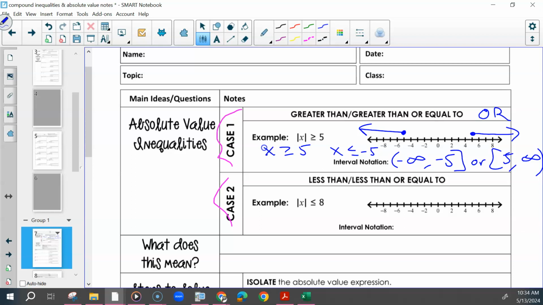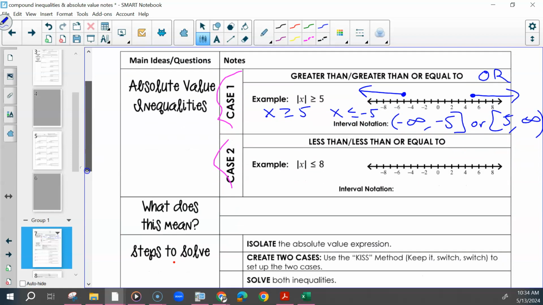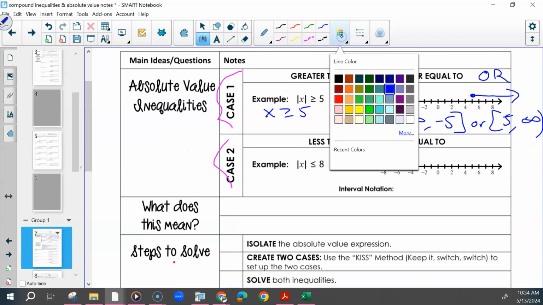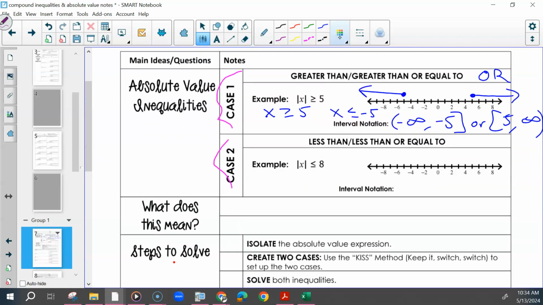And then the opposite is going to be for less than or less than or equal to. So to create the cases, same thing: drop your absolute value, keep it the same, so x is less than or equal to 8, and then switch the direction of the sign and make it negative. If I were to graph those, this would be closed at negative 8, closed at 8.